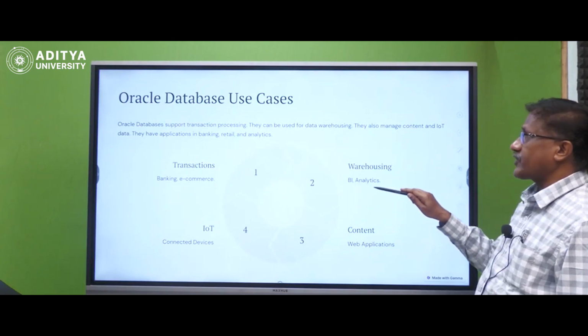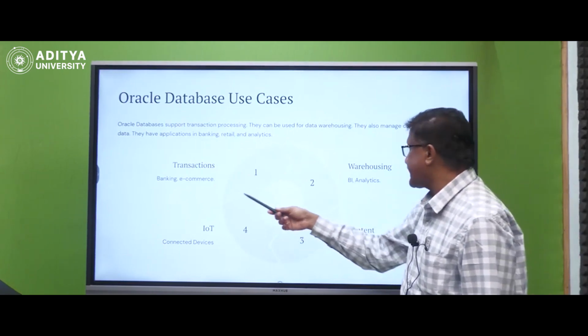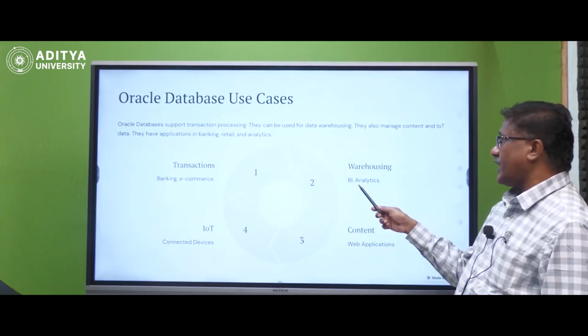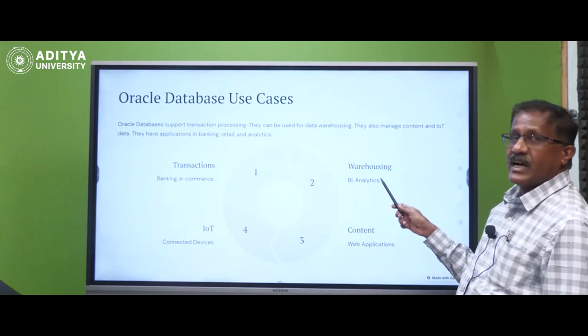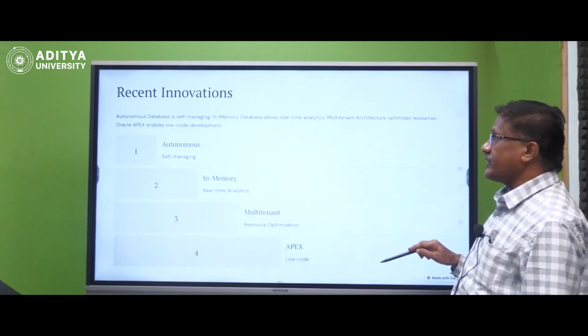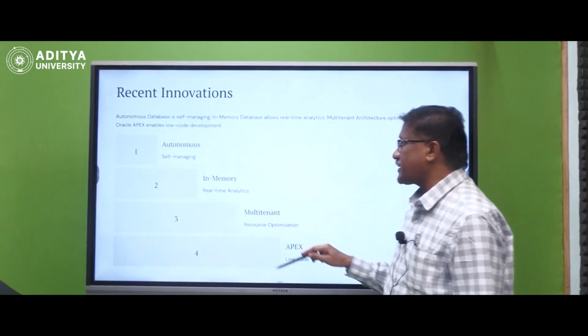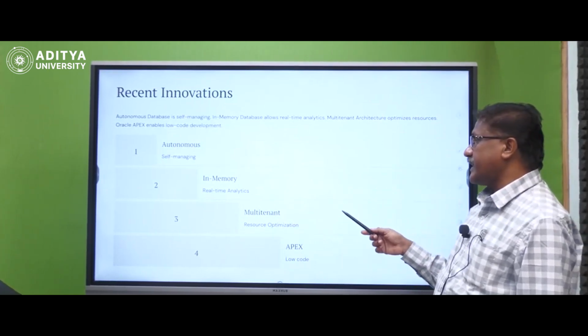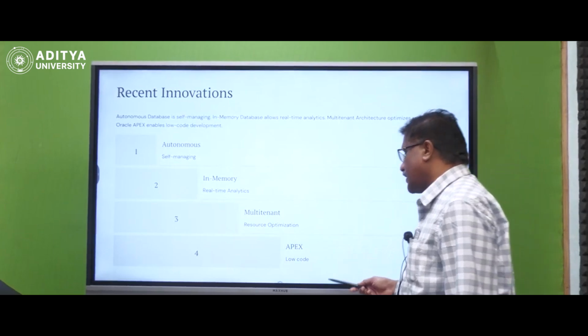Oracle is used for different database use cases: transaction, warehousing, IoT, content. Especially for warehousing, we already discussed business intelligence and analytical tools yesterday. Recent innovations are autonomous, that is self-managing, in-memory for real-time analytics, multi-tenant for resource optimization, and Apex, low-code.